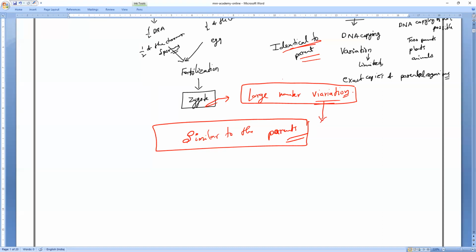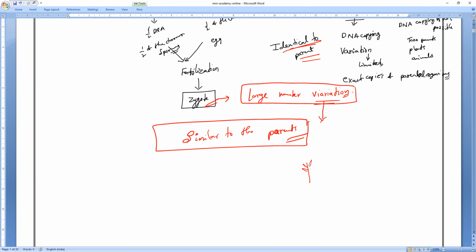If you take a human child, it bears all the basic features of a human being. If you take a rice plant, a paddy plant, it will always produce rice grains, which will grow into rice plants again. Suppose I have a seed now.